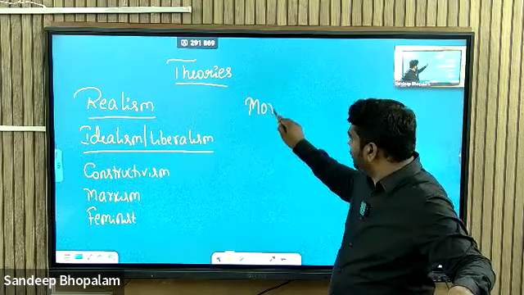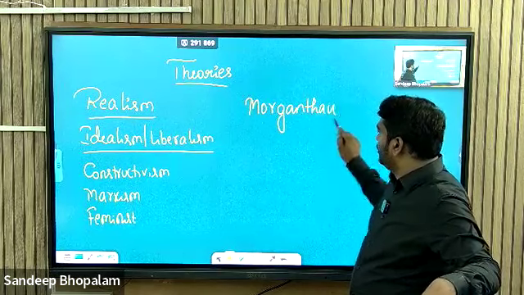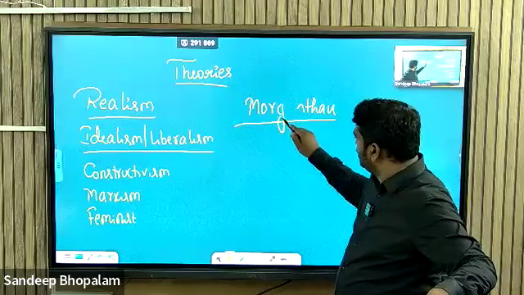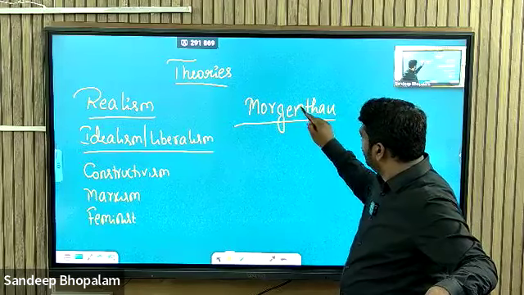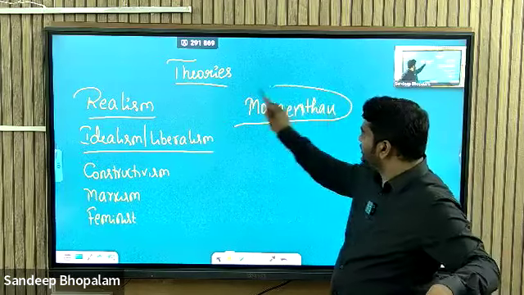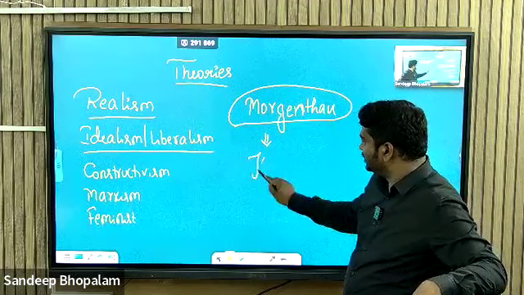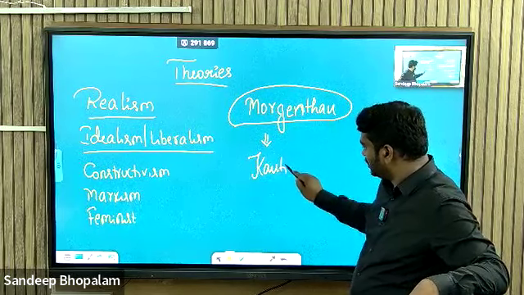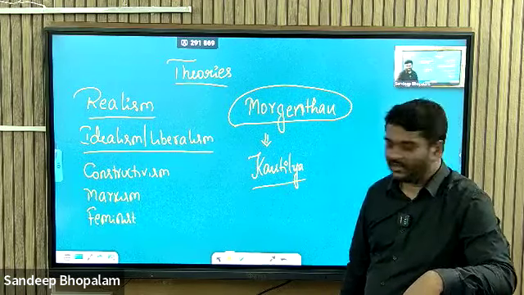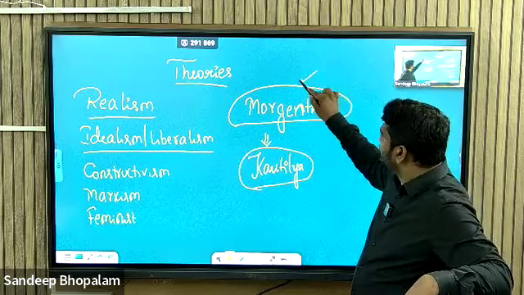So tomorrow we'll start with a person by name Morgenthau. Fine. He has given 6 principles, and his 6 principles are closer to Kautilya. Kautilya we will be reading in paper 1.